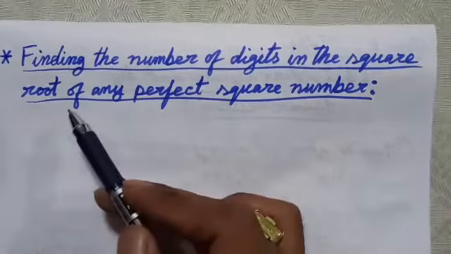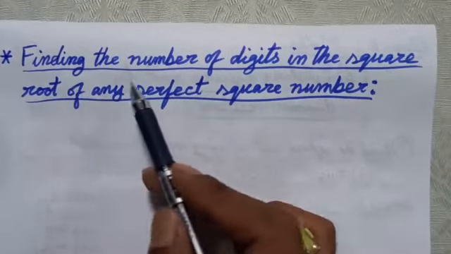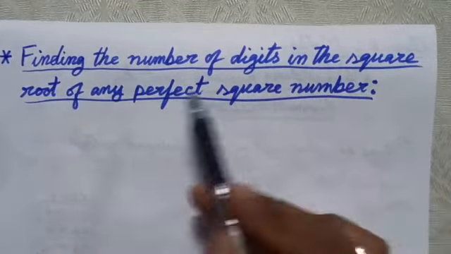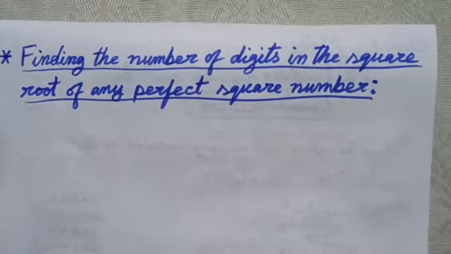Now let's learn this. Finding the number of digits in the square root of any perfect square number.